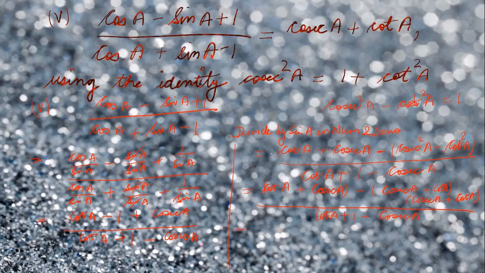Now you can take common cot A plus cosec A. Okay, so here 1 is left, minus, this one we have taken cot A plus cosec A, so minus cosec A, and this minus minus will be plus cot A. Okay, divided by cot A plus 1 minus cosec A. Yes, so you can cancel this term.